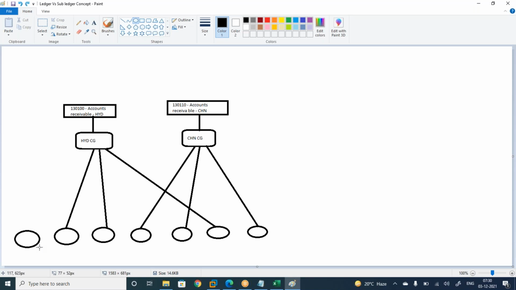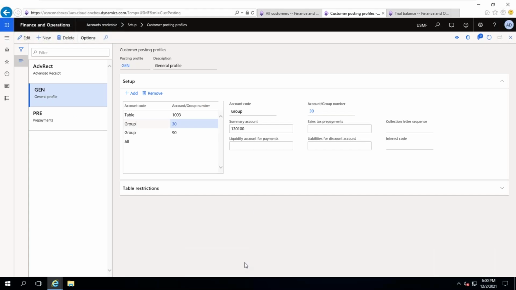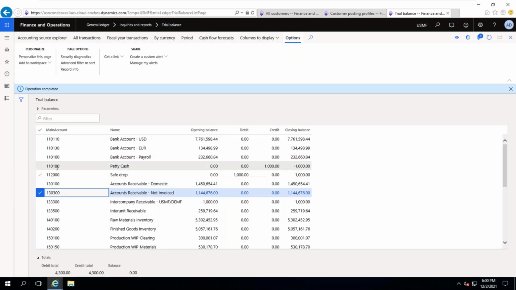My CEO or CFO, in the trial balance, wants to see balances only for Accenture, because Accenture is my specific customer. I'm receiving a lot of bulk orders and getting a lot of profit only from this specific customer.